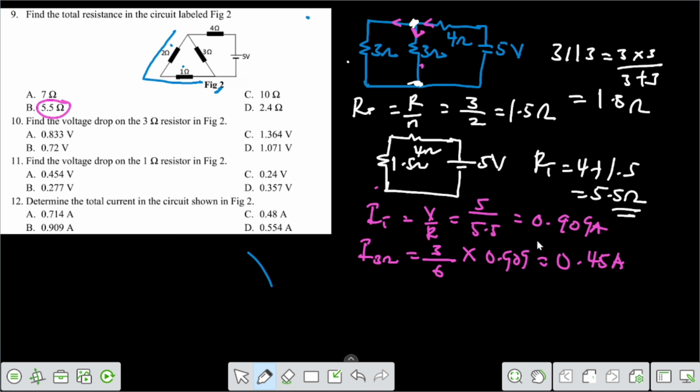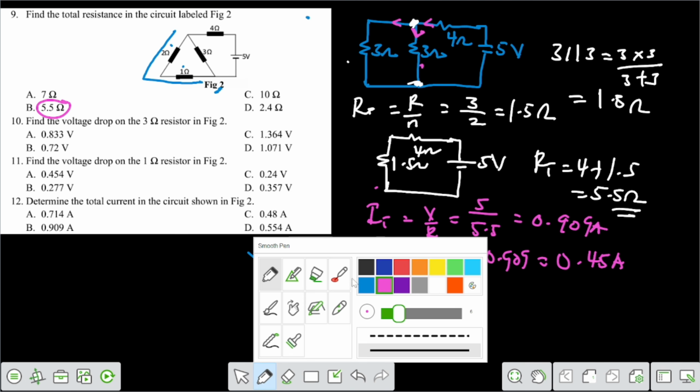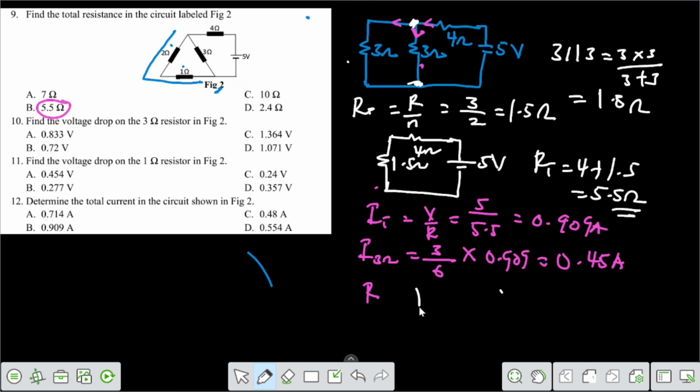Or another way to do this is to say that the current shares between this and this, but they all have the same resistances. So you take the total current 0.909 and divide by 2. That will also give us about 0.45 amps. So that's basically how to solve for that.